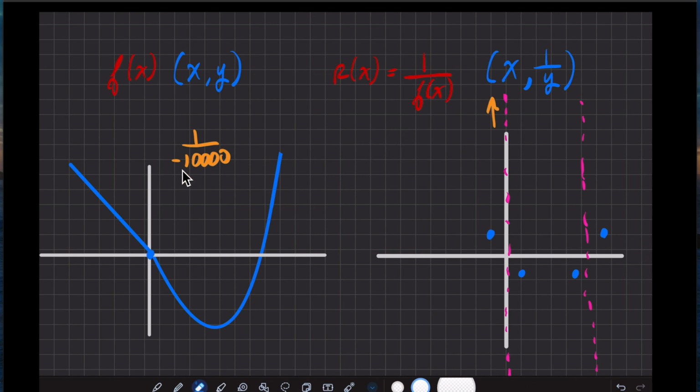Instead of 1 over negative a million, we're going to have negative a million over 1. And what does that translate to? Negative infinity. So we come to our graph. As x approaches 0 from the right side, the reciprocal graph is going to approach negative infinity. We indicate it with that arrow there.